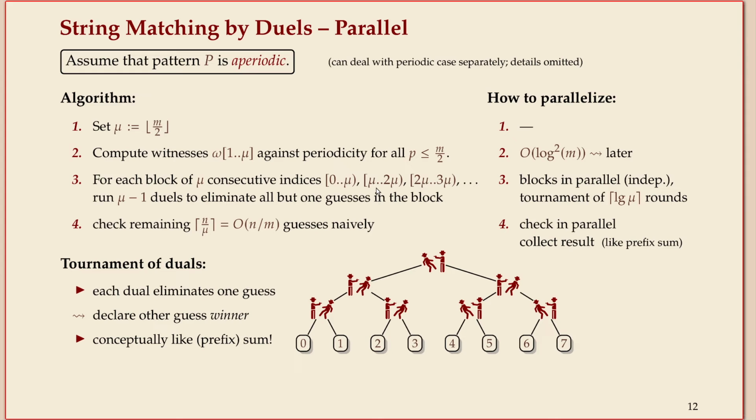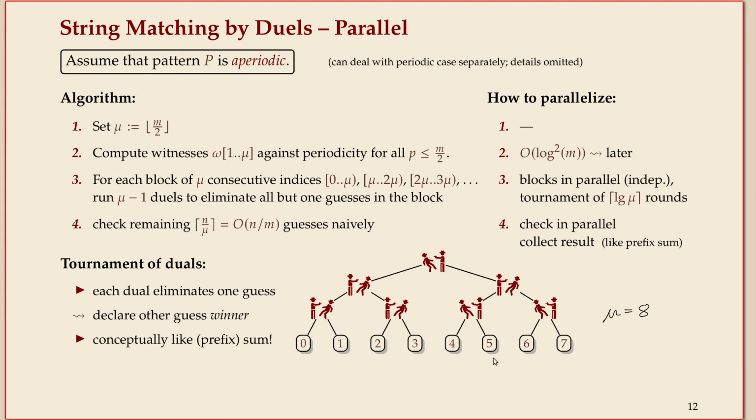Previously, we would have to do one duel after the other, so we needed order mu time in total in the sequential model. But it turns out that you can do a lot of these duels independently. Suppose that mu is equal to 8, and suppose these are your positions in the text, position 0, 1, 2, etc. You can have 0 and 1 fight a duel against each other, and at the same time 2 and 3, and 4 and 5, and 6 and 7.